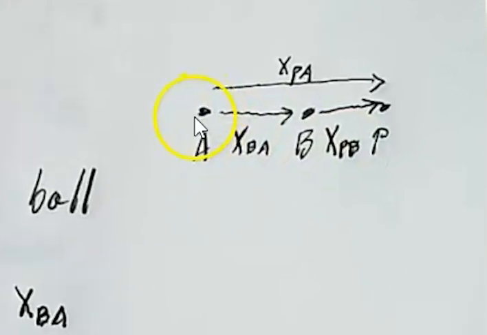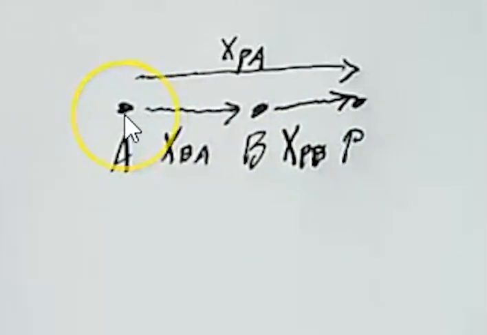So you can see here, if we pick some point on the ground, that's our reference point A, and at some time, the ball is going to be located at position P, and the truck will be located at position B. So my position of the ball, or of P, the particle, with respect to A, is represented by this vector here.